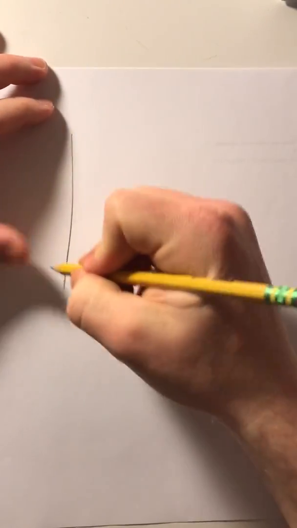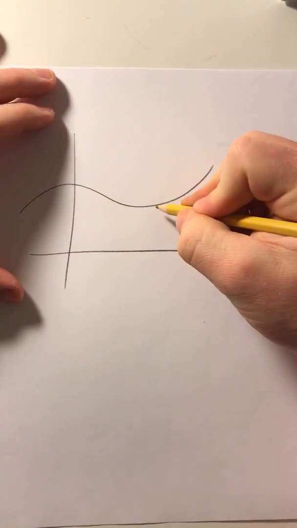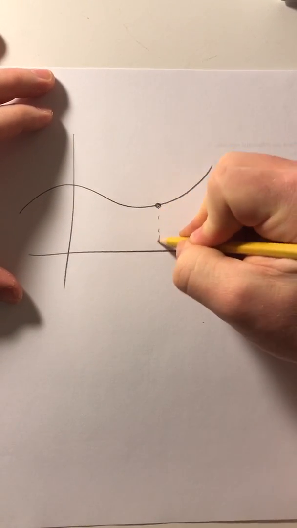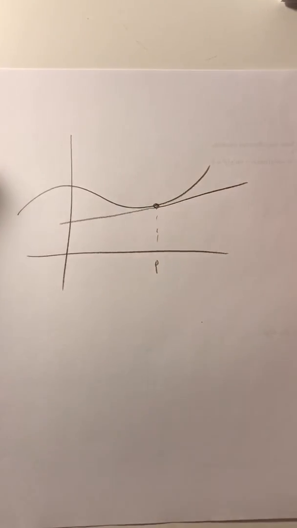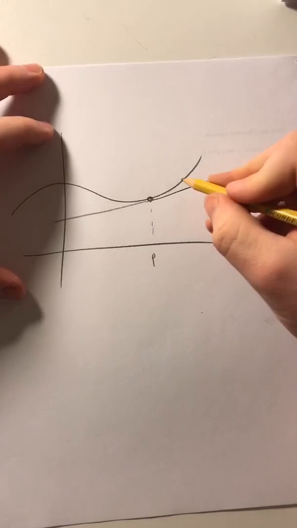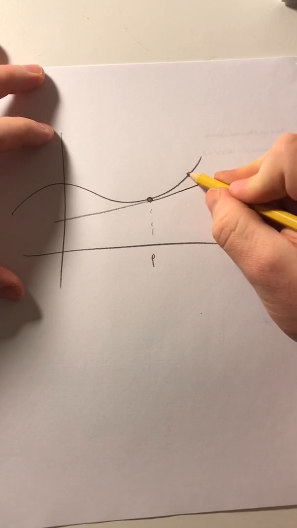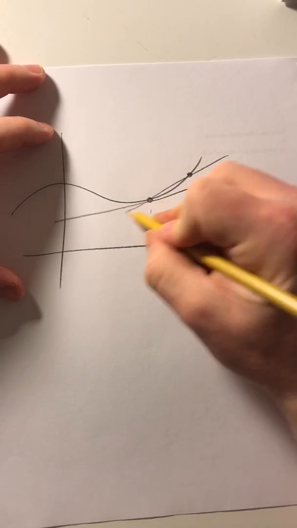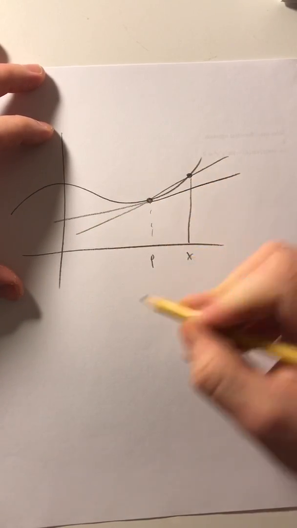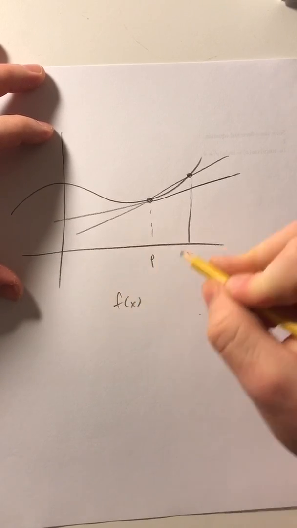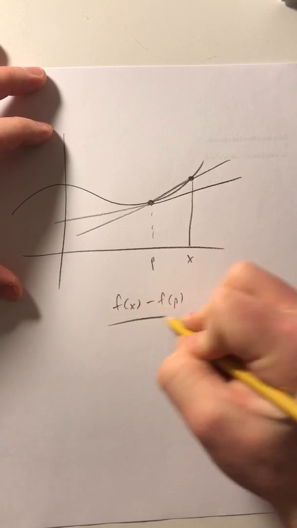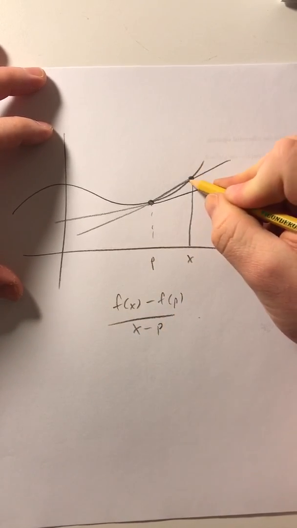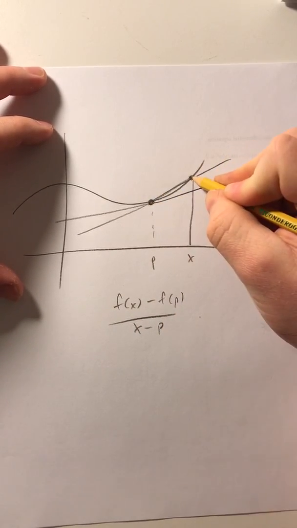But what we like to do is fix a point p, and I'd like to know about this instantaneous rate of change, which would be the slope of the tangent line there. And so what I do to approximate the slope of the tangent line is to pick a nearby point, x, and then look at the slope of the line that goes through those two points, and we just said on the previous page that that's that. And now, here's p, which is fixed, and x is not fixed.